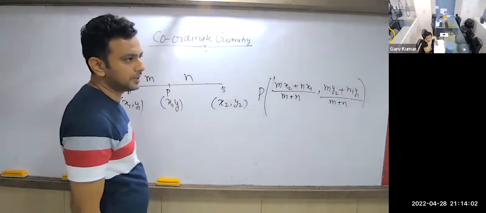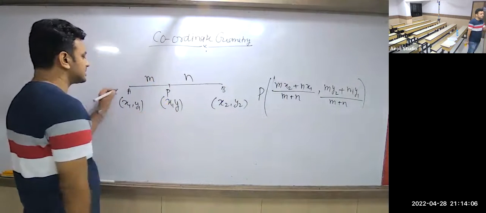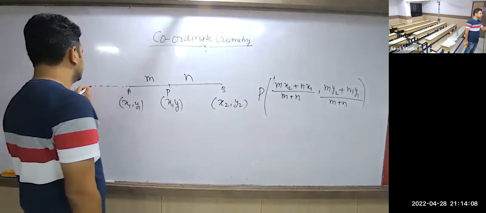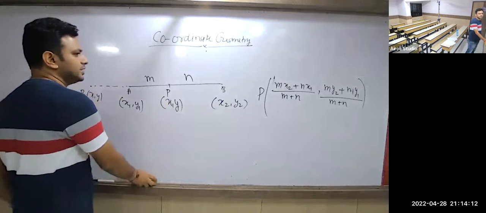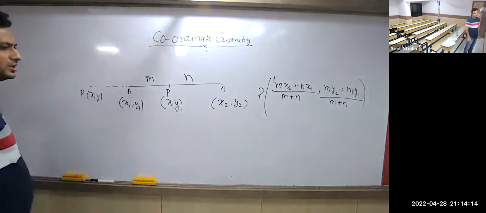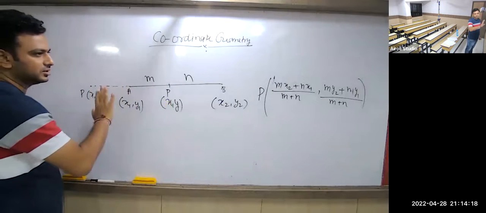Internally means this point will lie between A and B. Clear? If it is externally, let's say this point is P, whose coordinate is P(x, y). That they are not going to ask, I'm just discussing this point.